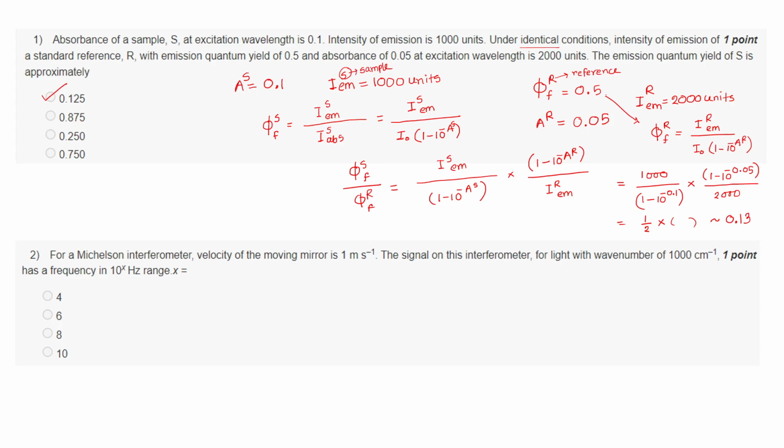So okay, let me do the calculation quickly. 1 minus 10 to the power minus 0.05 divided by 1 minus 10 to the power minus 0.1. Why is this coming negative? Achha, this is coming to be point.